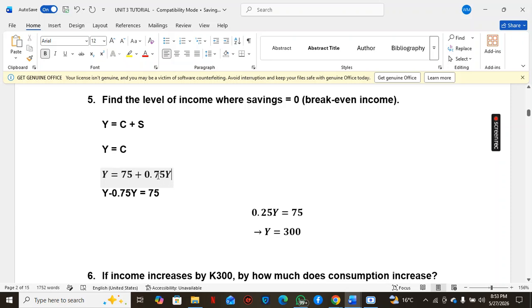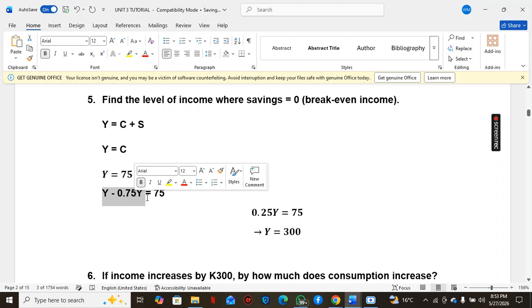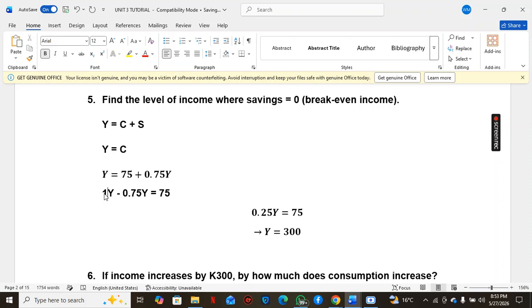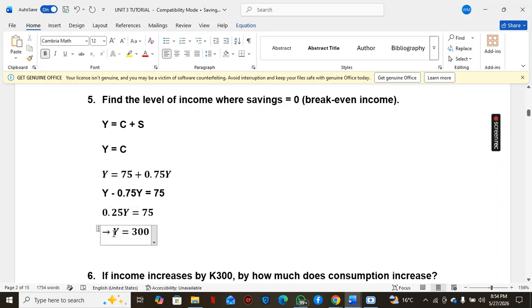This is just algebra, grouping like terms together. The 0.75Y crosses over the equal sign, so 1Y minus 0.75Y, you get 0.25Y equals 75. Then to get the value of Y, you divide 75 by 0.25.